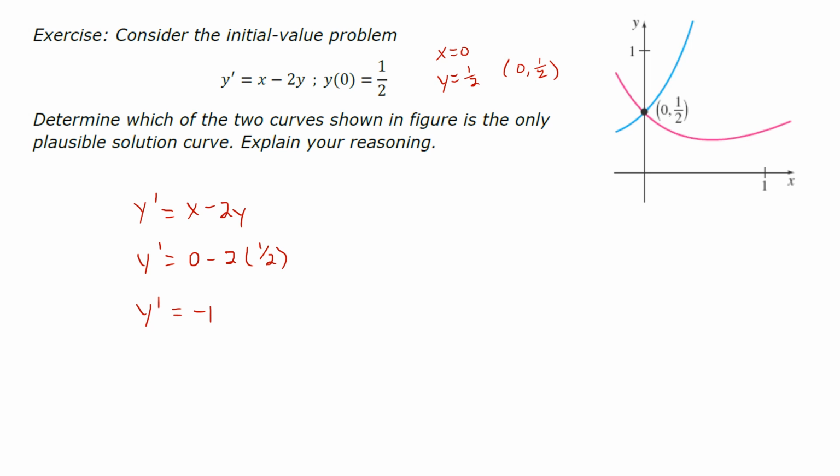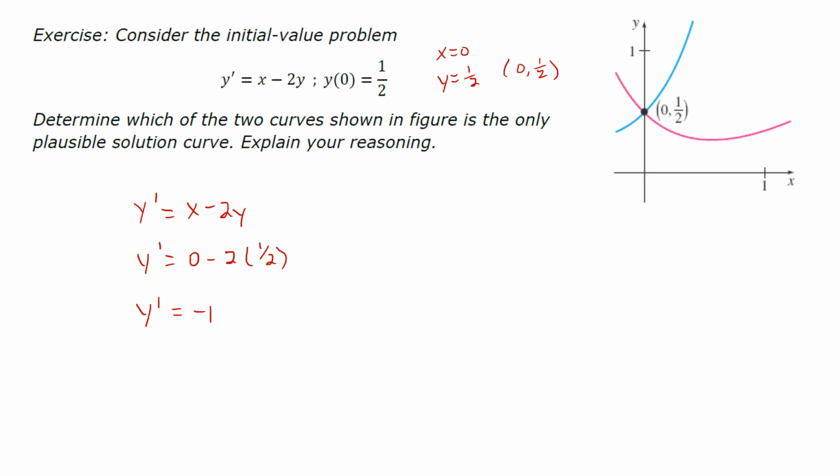So that means our blue line does not have a negative slope because it's increasing. And our red line has a negative slope at x equals 0, so it's decreasing. So that means the decreasing function at x equals 0 is the red line. And the red line would be our correct solution curve.